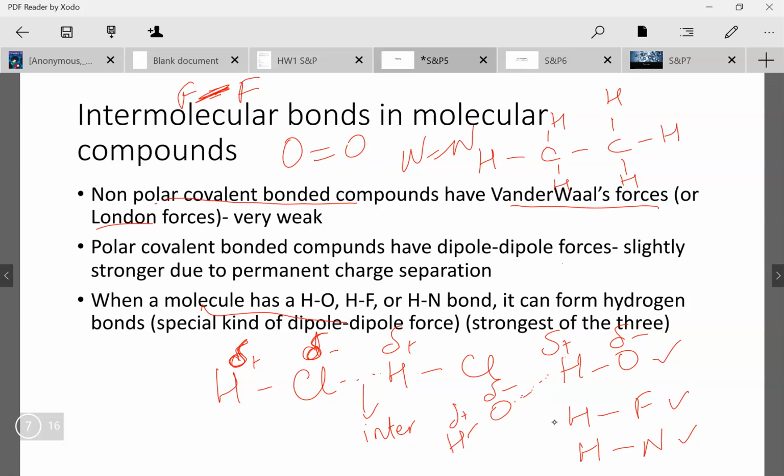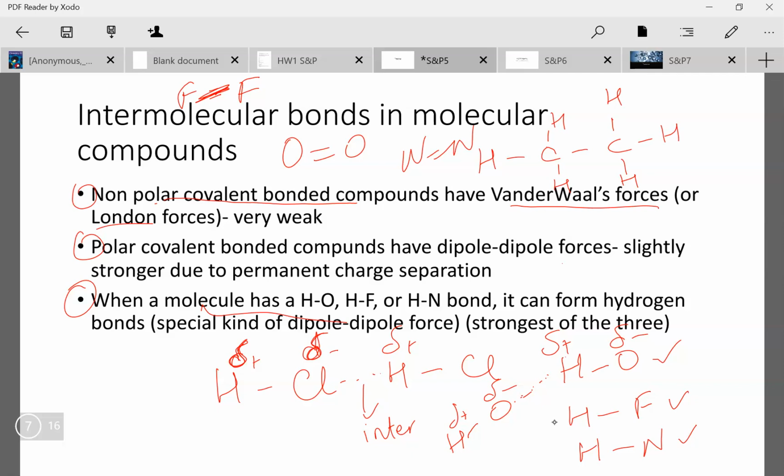That is why water is a liquid at room temperature and has a relatively high boiling point of 100 degrees Celsius, because of these hydrogen bonding forces. And so the order goes: nonpolar covalent van der Waals forces the weakest, then dipole-dipole, then hydrogen bonding, which is the strongest type of molecular force. So that's important to know.